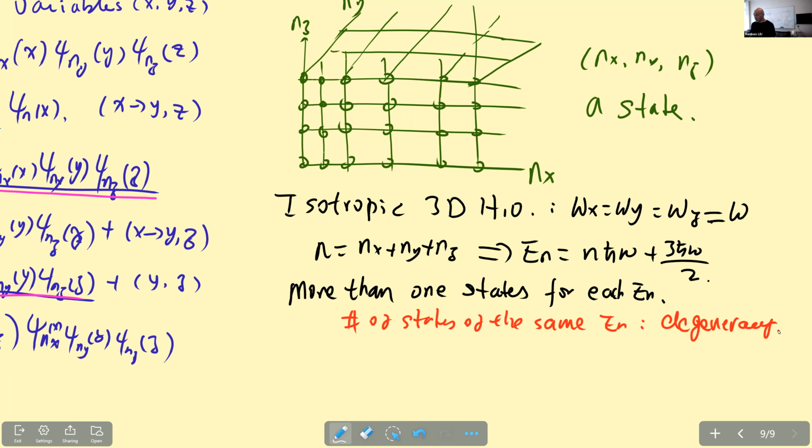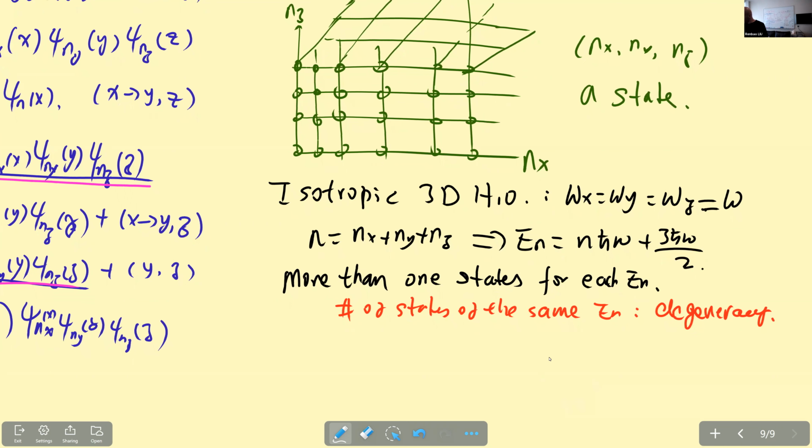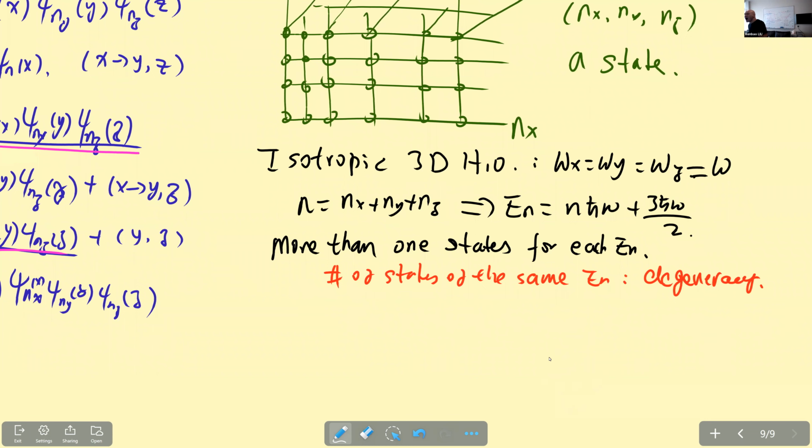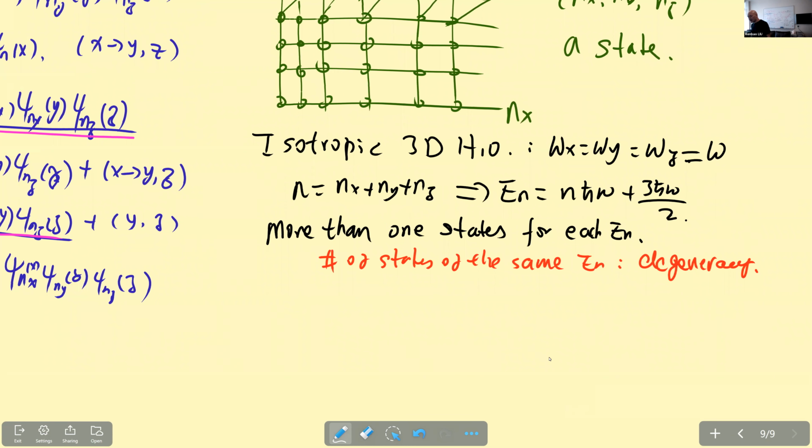This is actually very important in physics. It's related to symmetry and also related to symmetry breaking. So we talk about this a little bit more. Let's take some examples.